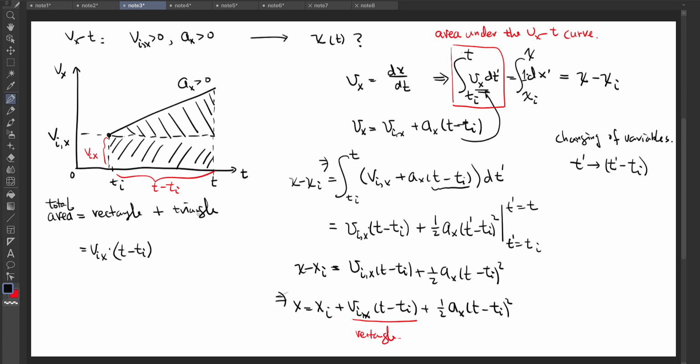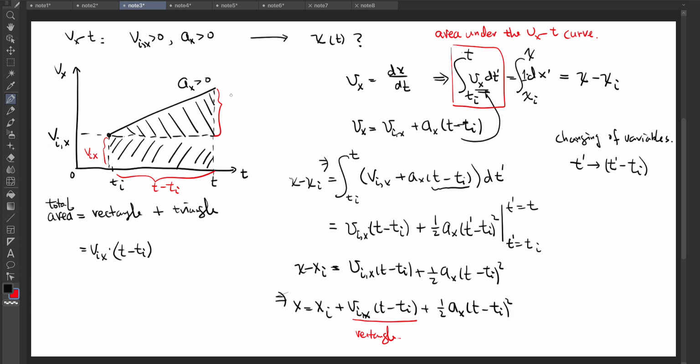Okay, now how about the triangle? We think that probably is related to the second term here, right? So let's make sure that's the correct correspondence. For the triangular area, we know the area formula is 1/2 the base. The base here is t minus ti. We already know that. Times the height.